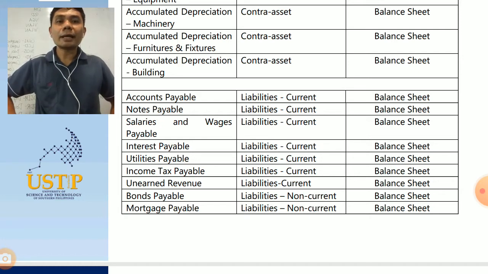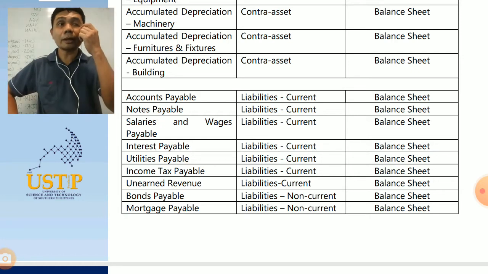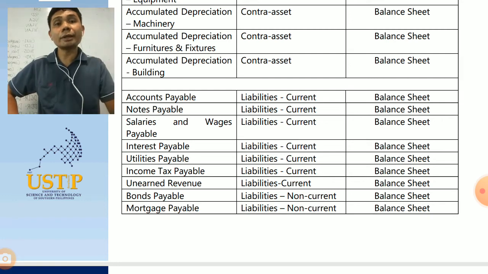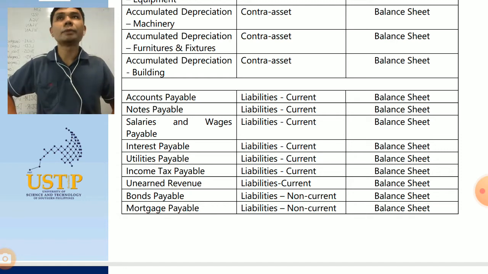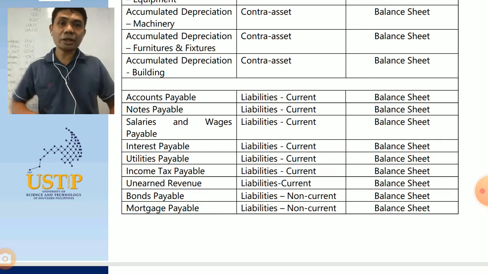Next, salaries and wages payable. Wala pa ka kabayad og salary sa imong mga empleyado. So, you recognize a payable at the end of a certain accounting period. For example, December 30, end of the month na, kinahanglan na mo magsweldo, di ba? Pero wala pa ka kahatag og sweldo sa imong mga empleyado, because cash ang inyong business.